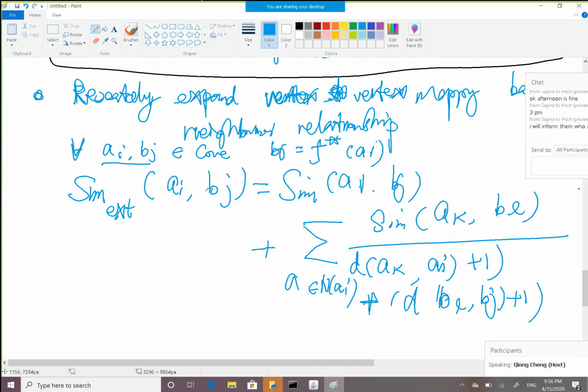In the paper, they mention it is the step 1 relationship, but you could use a multiple-step relationship. And this is the neighborhood from BJ. AK and AI, AK and BJ, AK and BL also belong to the core, so you use this way to expand it out.